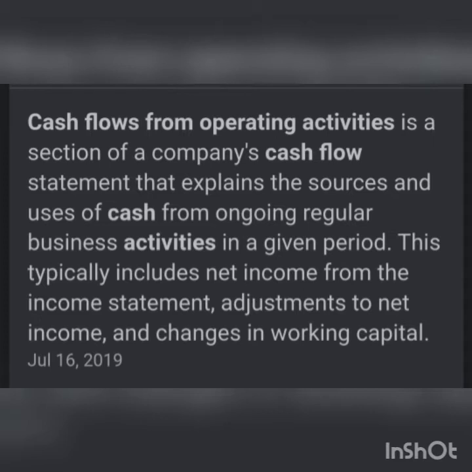Then the second step is to add all non-cash and non-operating expenses.